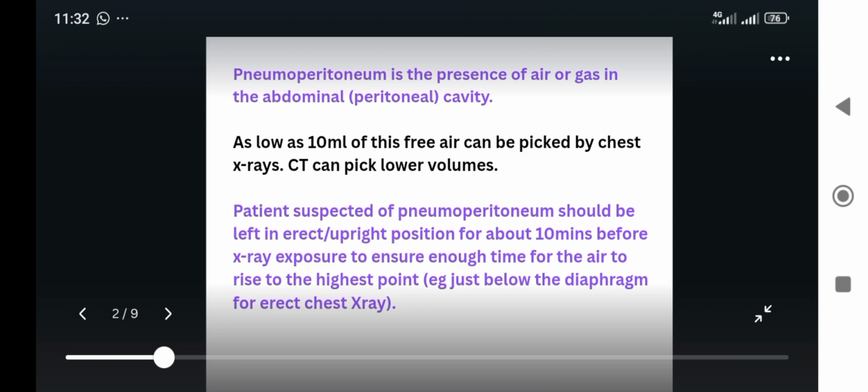There are other causes apart from perforation of organs that contain air that can cause the presence of air in the abdomen, which we're going to look at shortly.